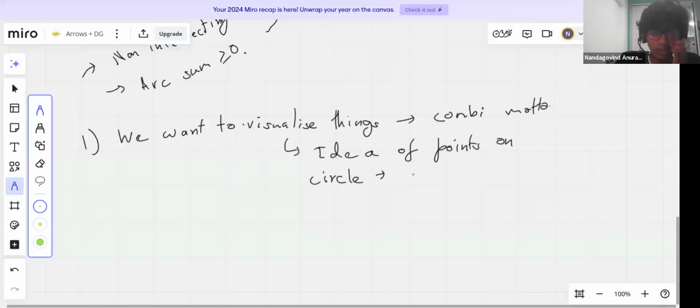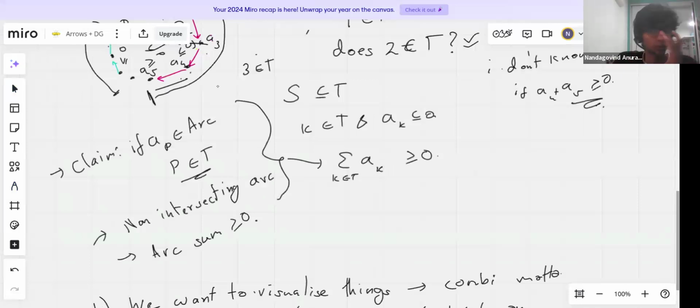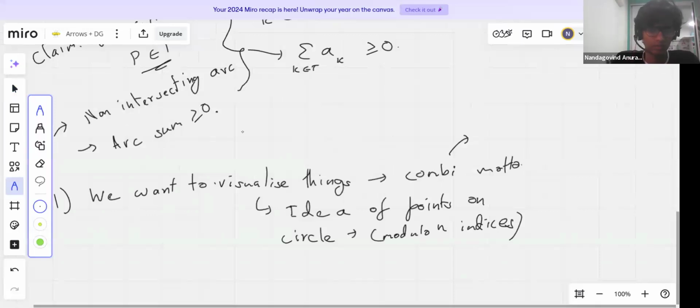The circle bit is due to modulo n indices. Very often, if you have stuff with modulo n indices, it's worthwhile considering them as points on a circle. At least think about that once, especially if you like this idea of visualizing and working with stuff.